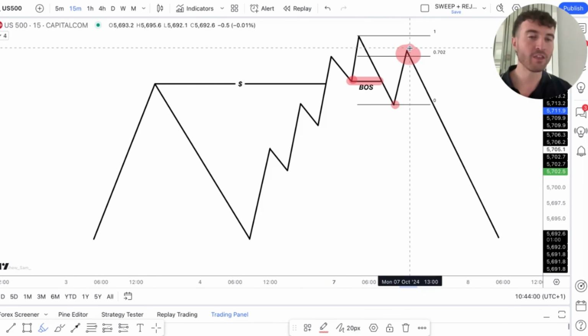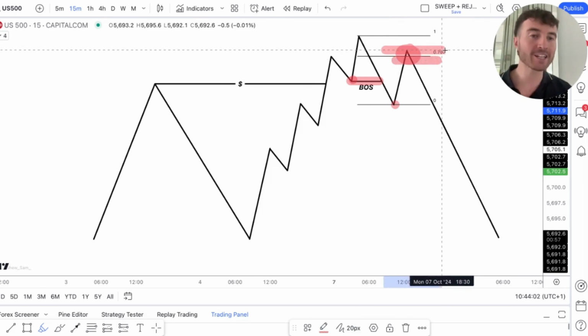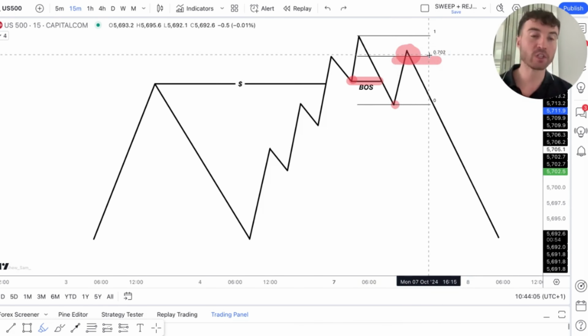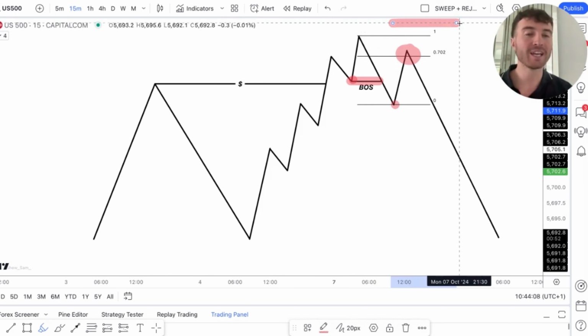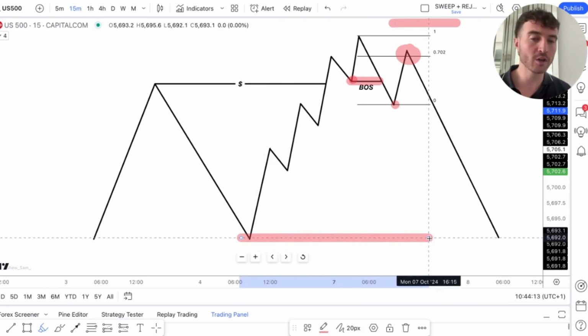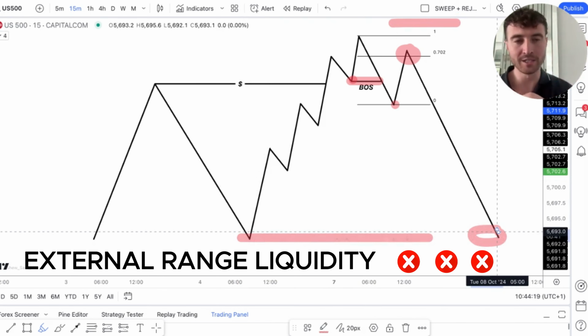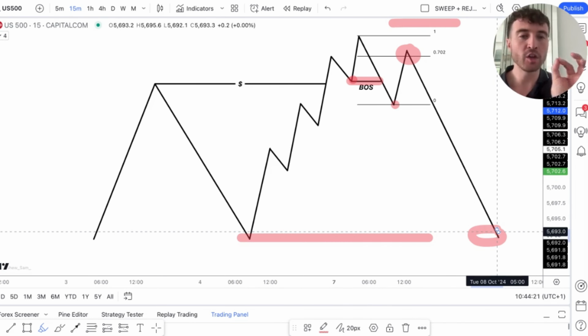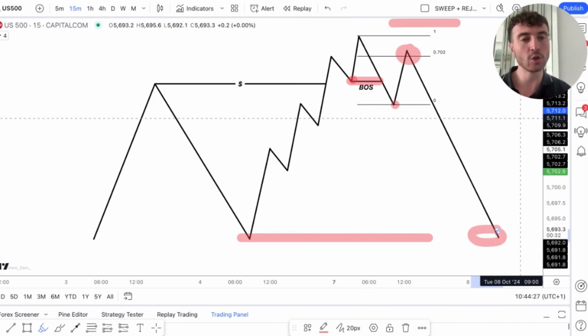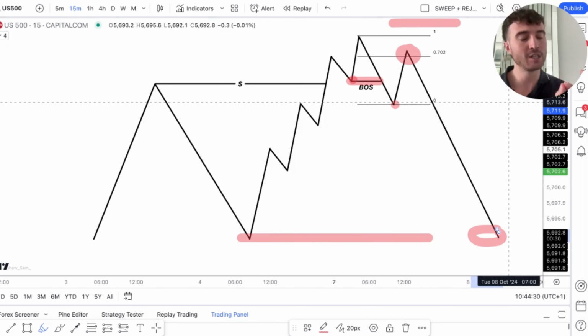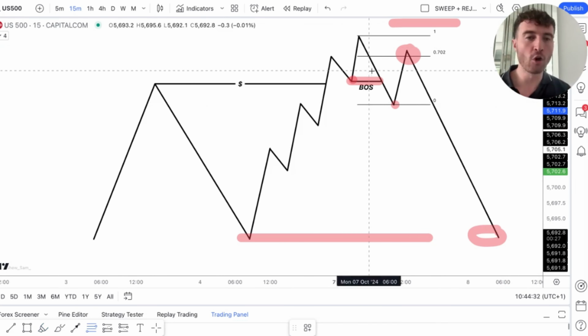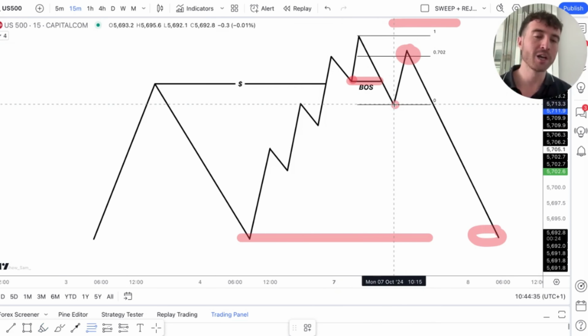So right here, this is the pocket that we're looking at executing our short trades, which will give us the best risk to reward in terms of invalidation, and in terms of our actual target, which is going to be down here at external range liquidity. So very simply put, the OTE, the optimal trade entry, is simply a pullback into around the 0.702 Fibonacci from the swing high to swing low that broke the swing structure.